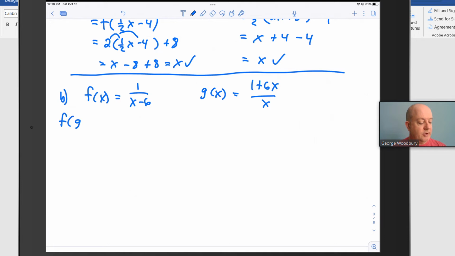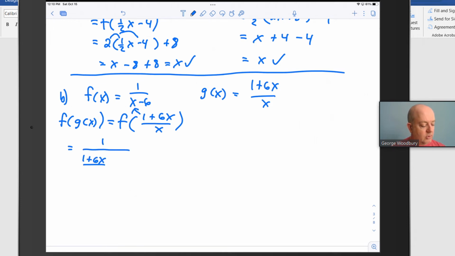I'm going to begin with f of g of x, which is f of 1 plus 6x all over x. And that's going to go into x in function f. So we have 1 over 1 plus 6x over x minus 6.